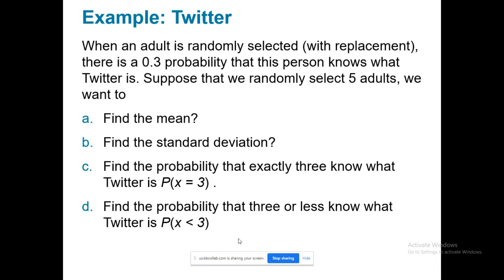So that's the probability that x is less than or equal to 3. All right, so I'm going to go to the document camera, and we're going to calculate some things.